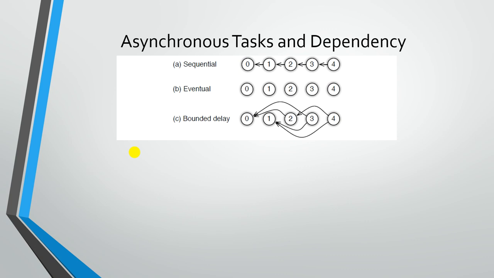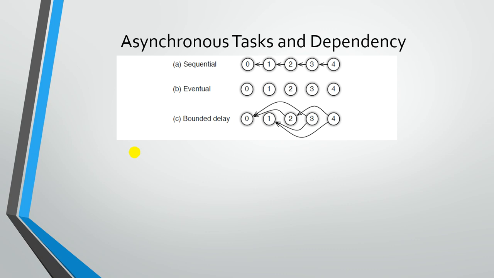Here you can see there are three types of task dependencies. The first one is sequential. This is a synchronous task. That means all the tasks happen one after the other. There is an order between the tasks. Only when the last task is completed can the next task be started. The second one is eventual. Compared to sequential, there is no order between tasks, and each task is completed independently.